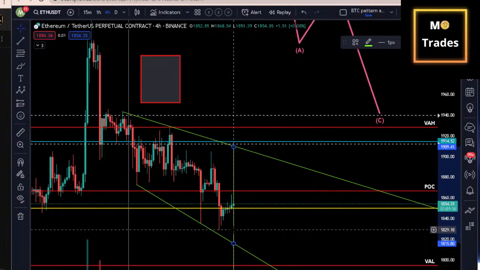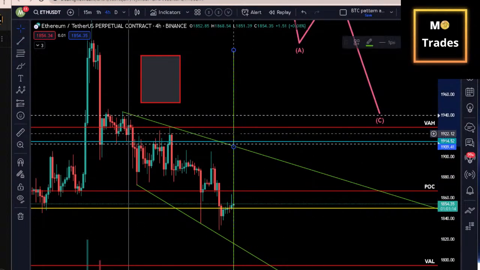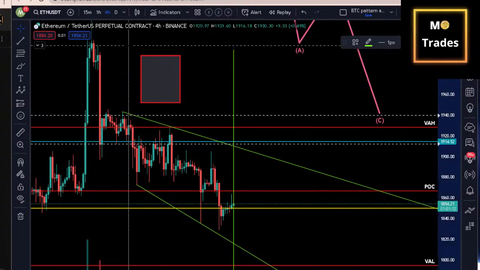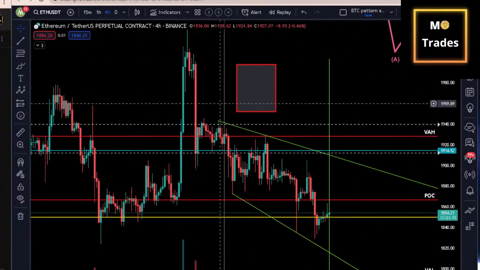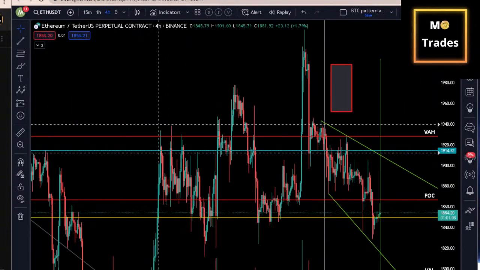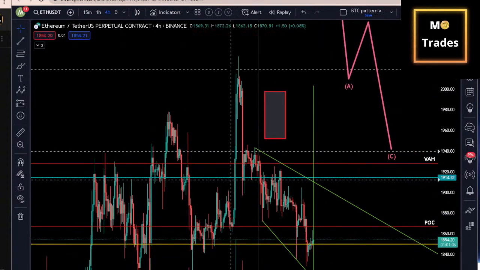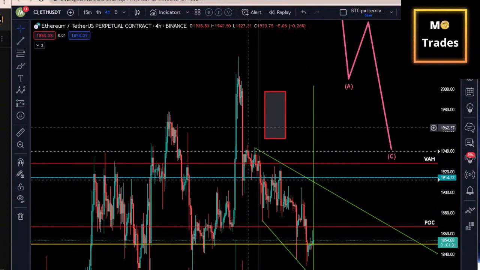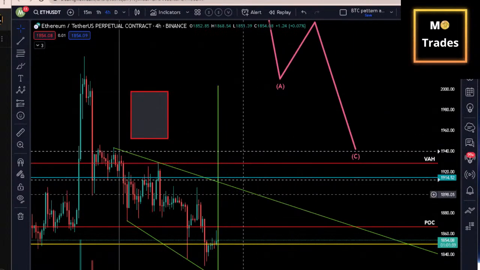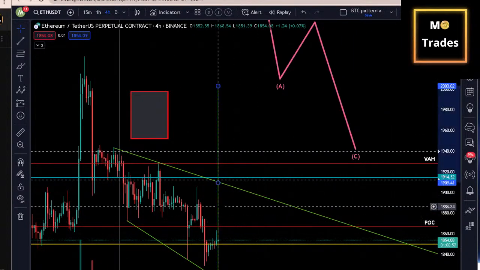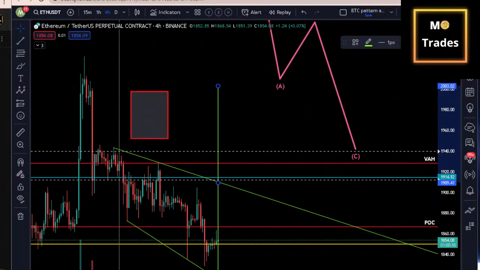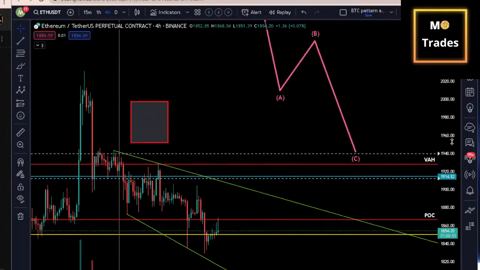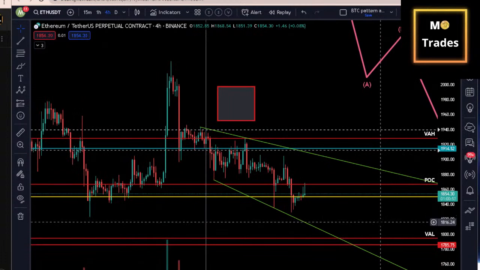Suppose we broke out over here on this candle, you could go as high as the top of this zone, which will bring you back, recovering this insufficiency. We had an insufficiency to the upside. We came down, recovered it. Now we have an insufficiency over here. I don't want to say we need to recover it, but most probably we can get all the way to 2003 for Ethereum within the next few days.